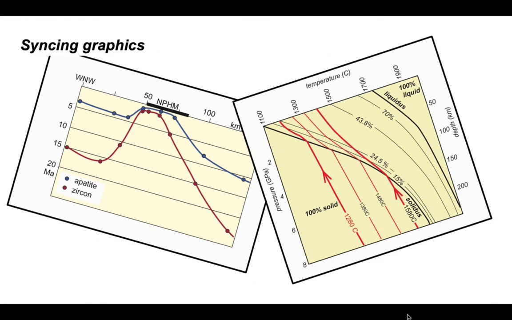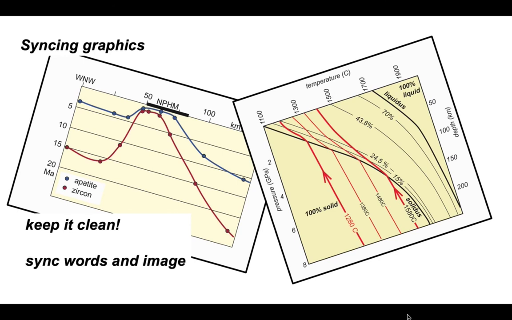So a couple of examples of how we can synchronize our graphics to our oral narration. The message about the graphics on screen is to keep it clean, not too much clutter. If we have clutter, we're going to try and build it up gradually so that it's not intimidating to the audience on first inspection.